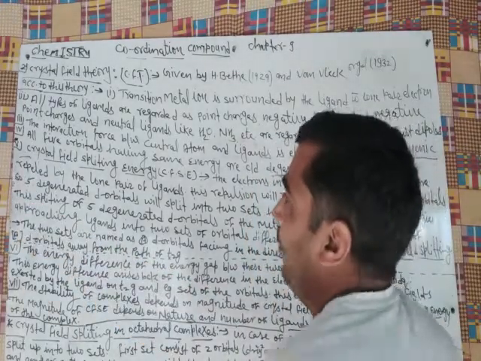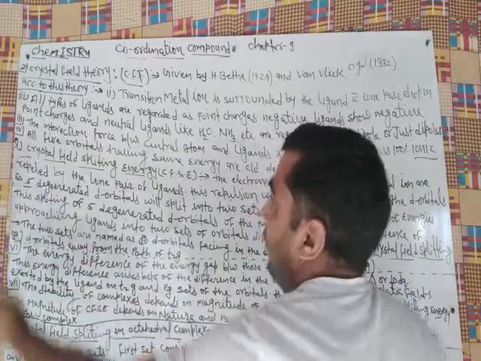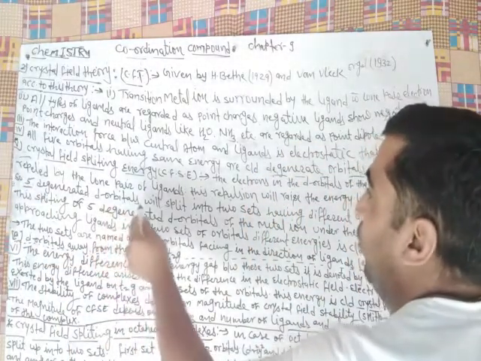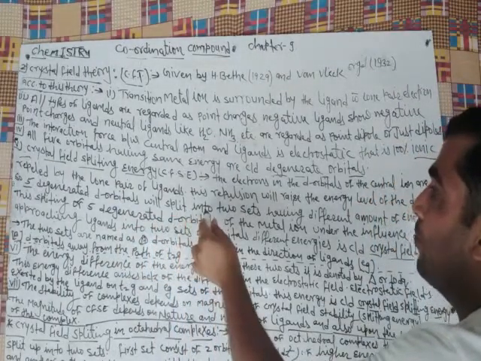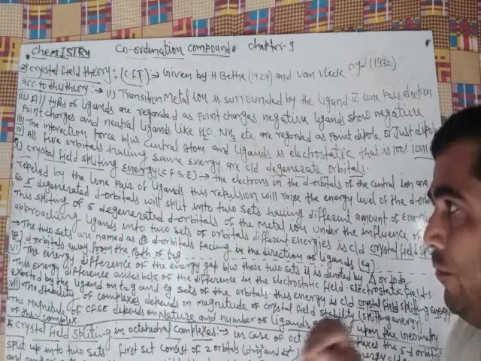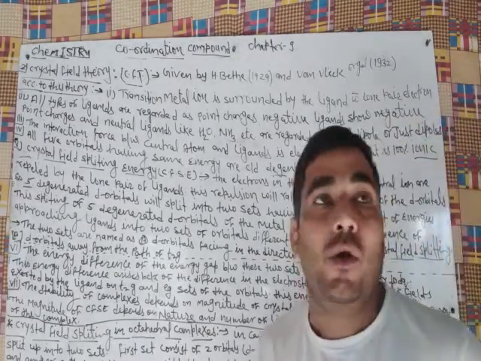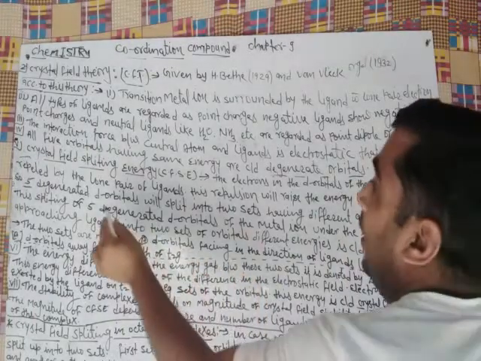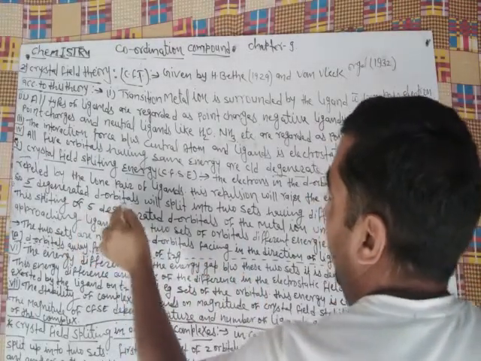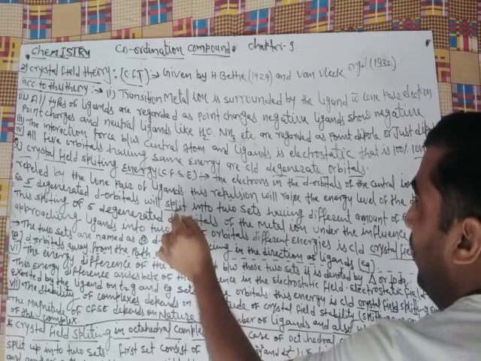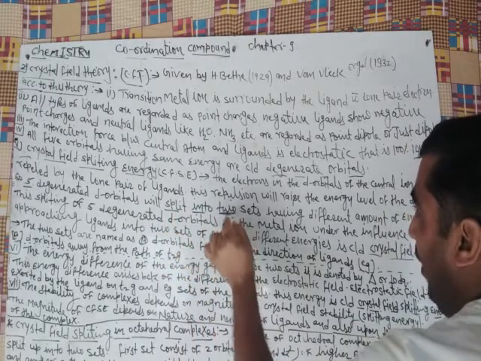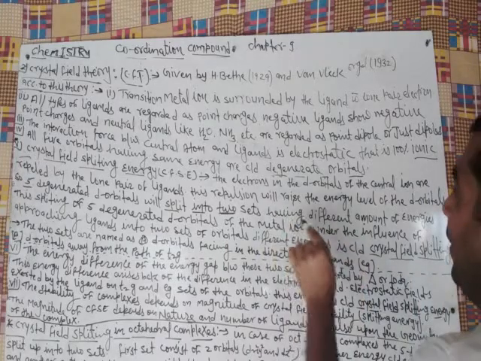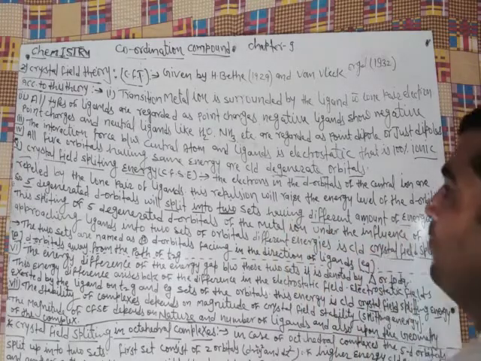So the five degenerate, meaning same energy, d orbitals will split into two sets when there is repulsion between the lone pair of electrons and the central metal electrons. The d orbitals split into two sets having different amounts of energy.